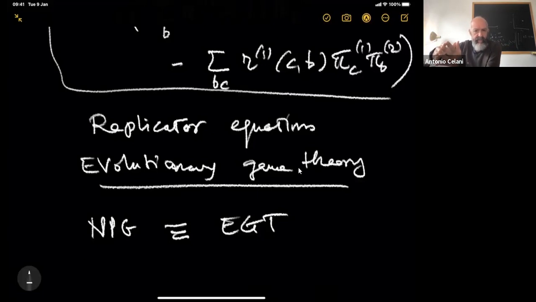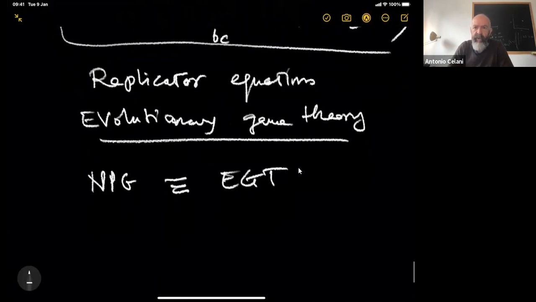I don't expect you to grasp all the details of this, but just to keep in mind that these very different concepts actually have boundary domains that overlap with each other. Okay. And before we take a well-deserved break, and then the second part, I promise, will be funnier.